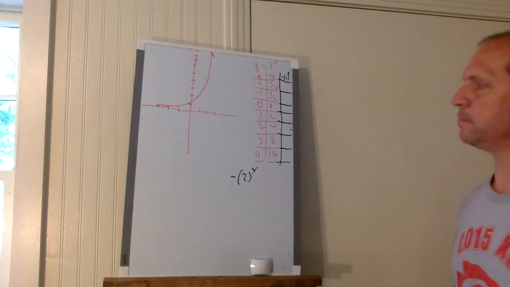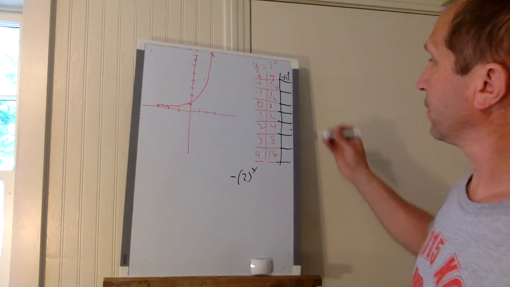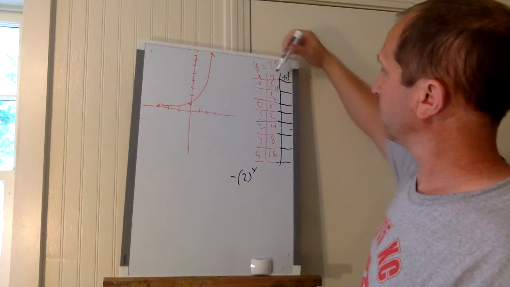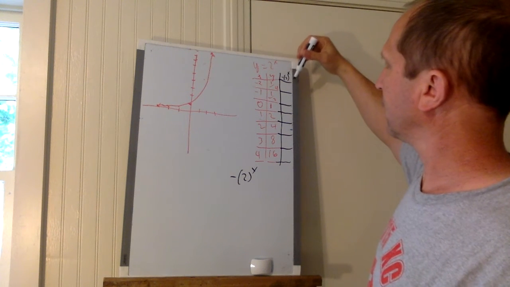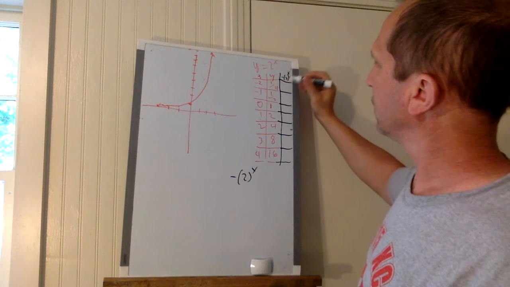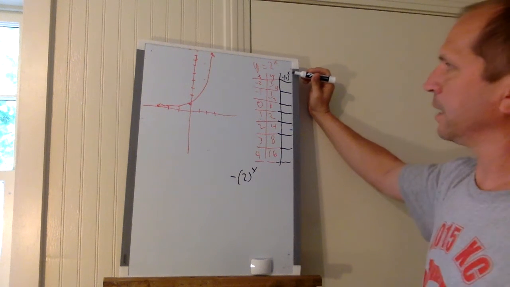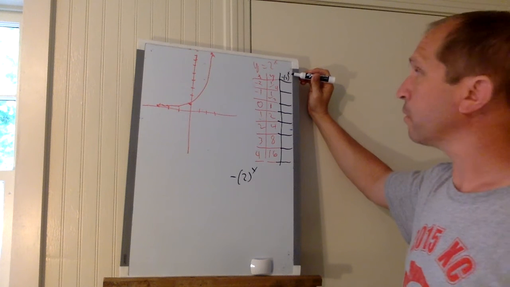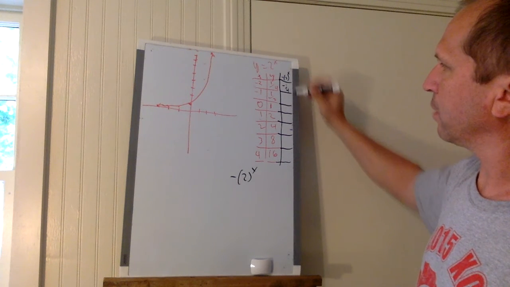Okay, so we have the negative of 2 to the x. So what happens here is you're just doing 2 to the x and then taking the negative of it. So 2 to the negative second is 1/4. So it's the negative of that, so it's negative 1/4.